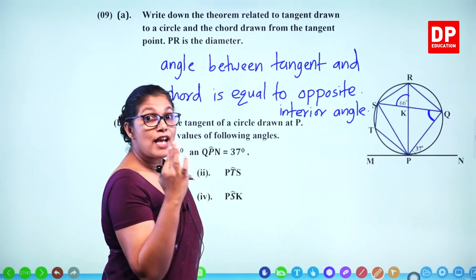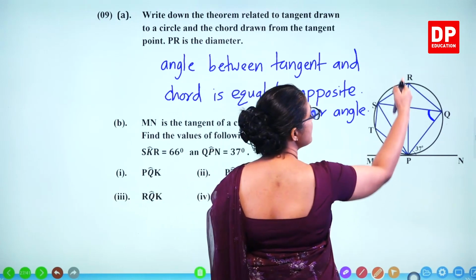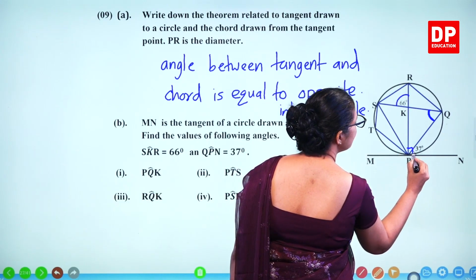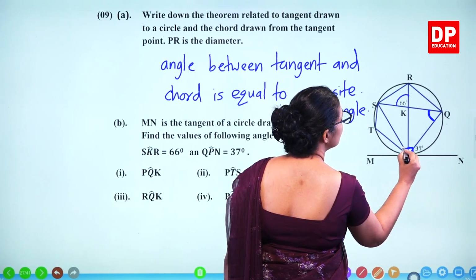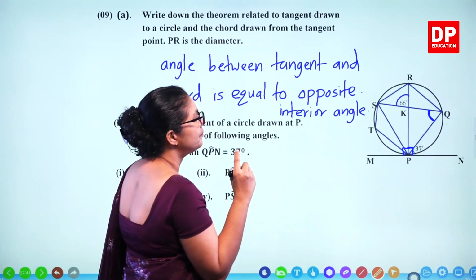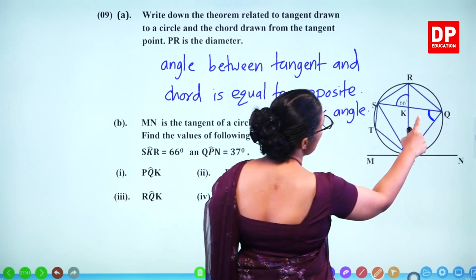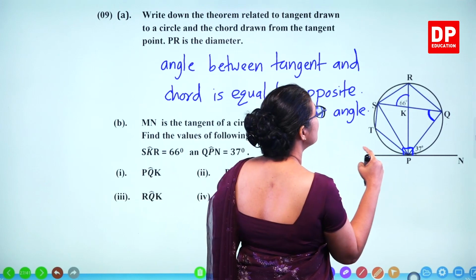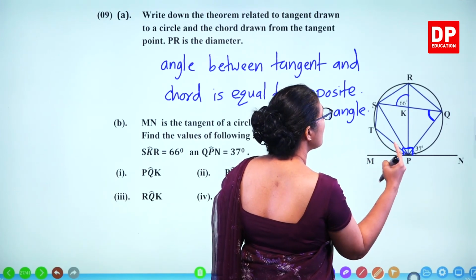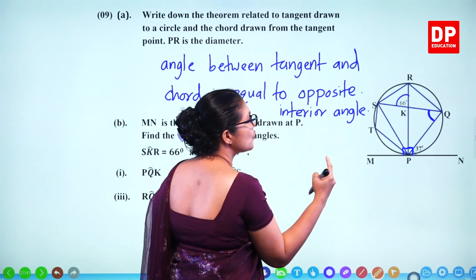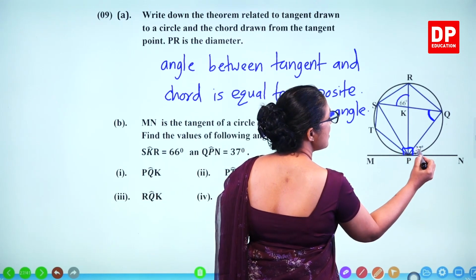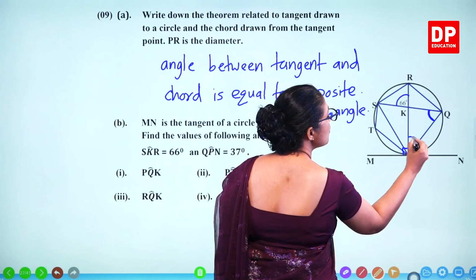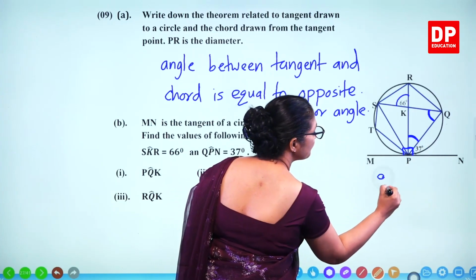Now we know the tangent and the diameter make 90 degrees. Now how can we find this angle? Look carefully. You can easily find it using 90 minus 37.